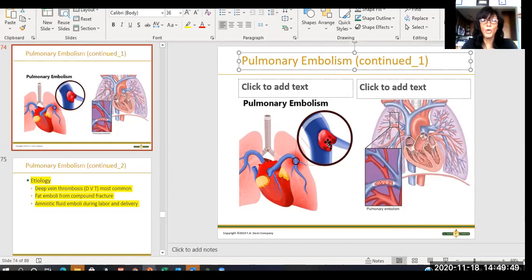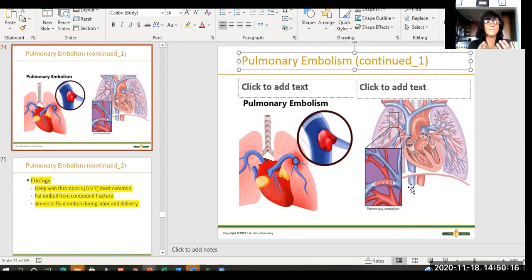So it could have started out as a DVT in the leg, and then it traveled, and it traveled, and it got all the way up to right here into the artery that goes from the heart to the lung, and it blocks it. There's a bunch of little pulmonary emboli that get stuck up in there. This can mean instant death.